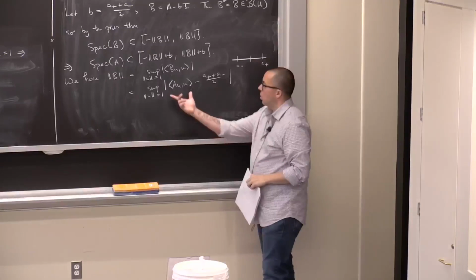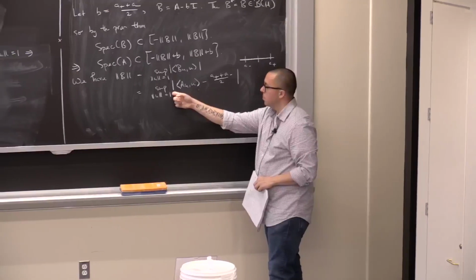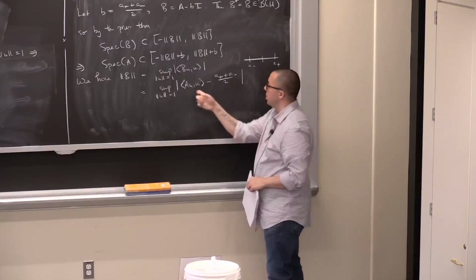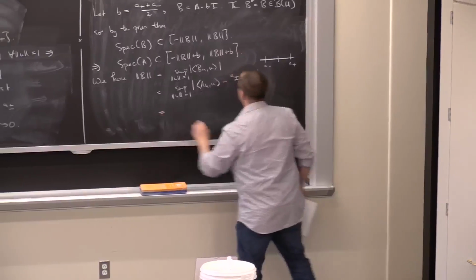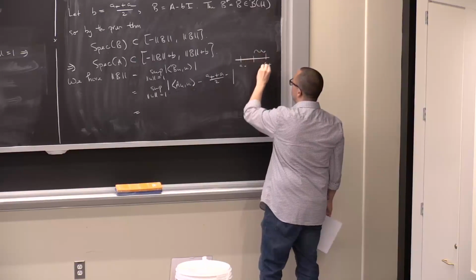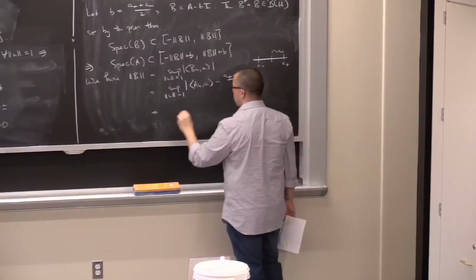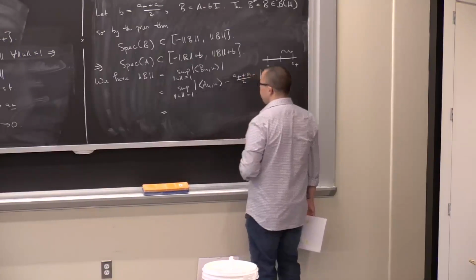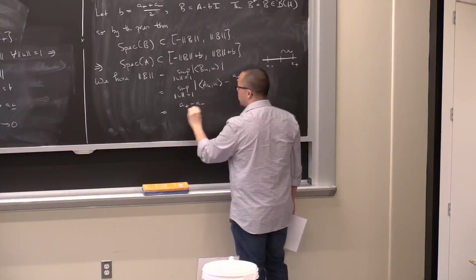So what's the supremum of the difference between these numbers and the midpoint? Well, it's the distance from A plus to the midpoint, which is equal to the distance from A minus to the midpoint, which is (A_+ - A_-)/2.